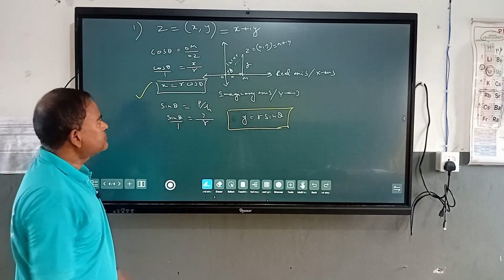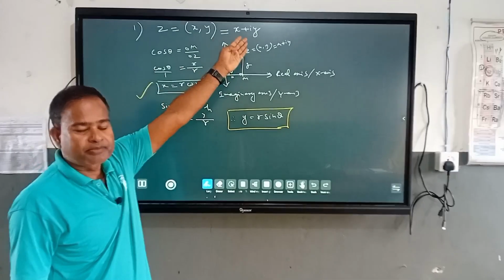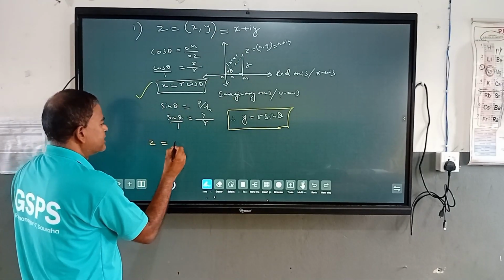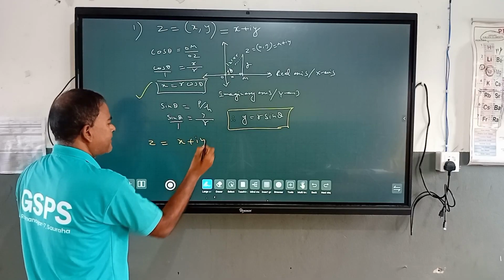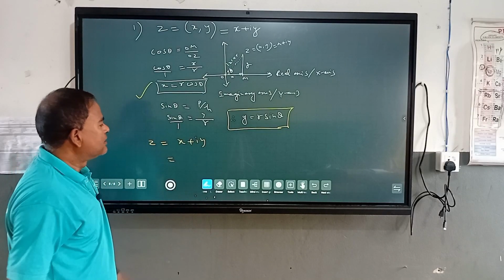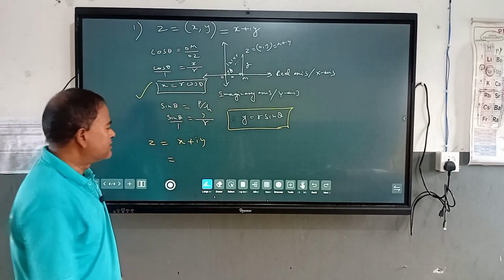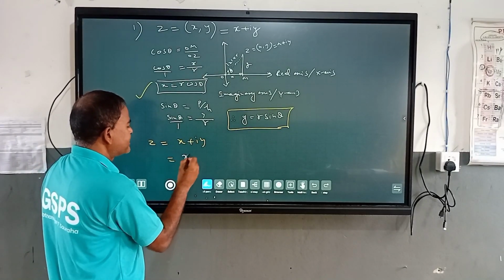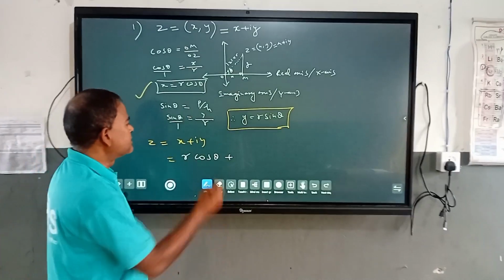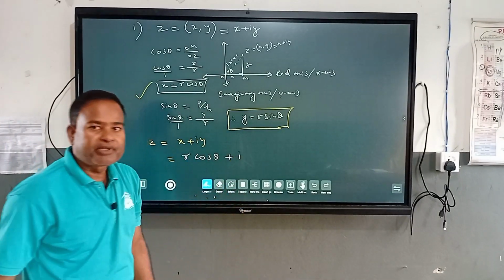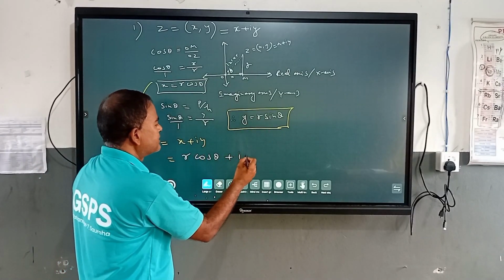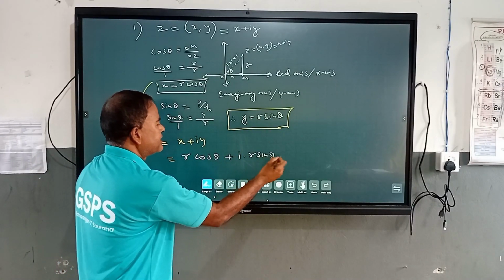that the given complex number is in the algebraic form, which is z equals x plus iy. Now we can write it as x, the x component, or we can say the real part, equals r cos theta, and I keeping as it is, iota, which is the imaginary unit, and y is r times sin theta.